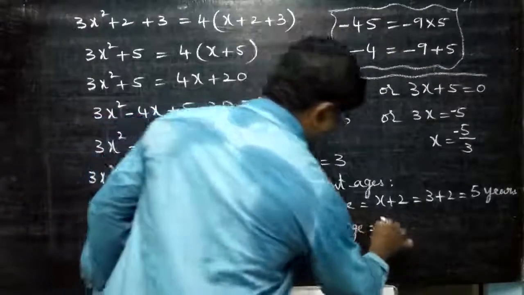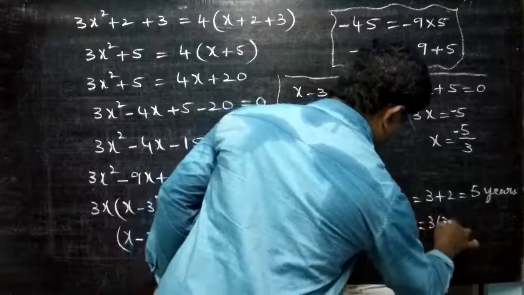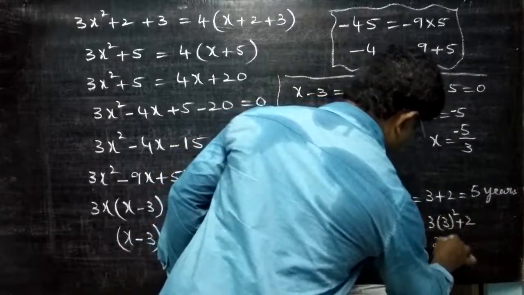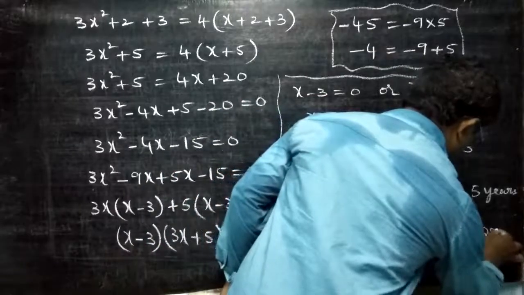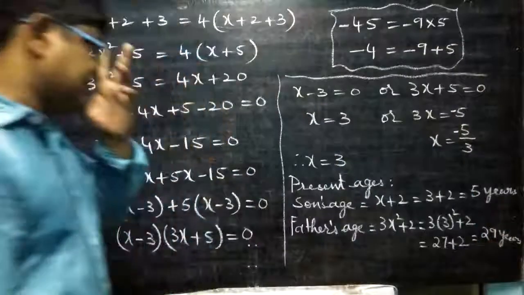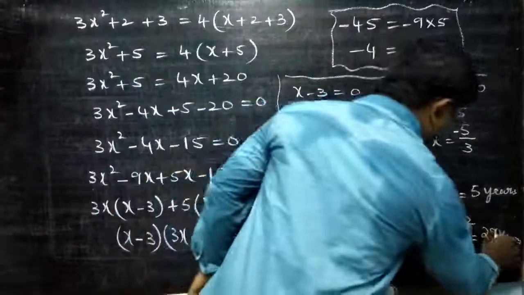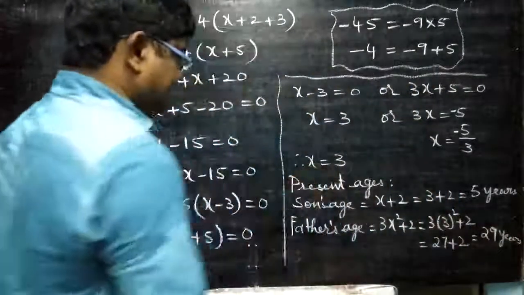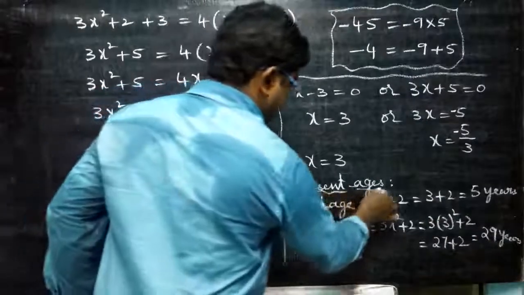Father's age is 3x square plus 2, that is 3 into 3 square plus 2, 27 plus 2, that is equal to 29 years. So the son's age is 5 years and the father's age is 29 years. Write clearly. Finding x is one thing and finding present ages is another. These are the present ages of son and father.